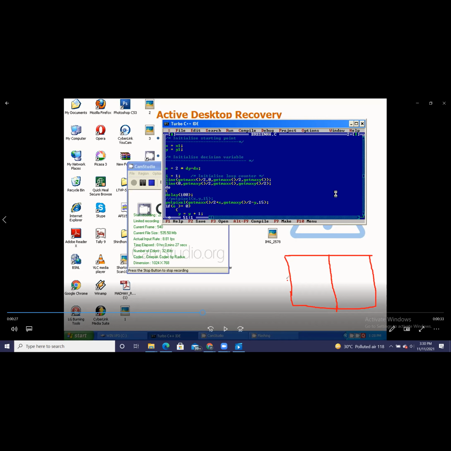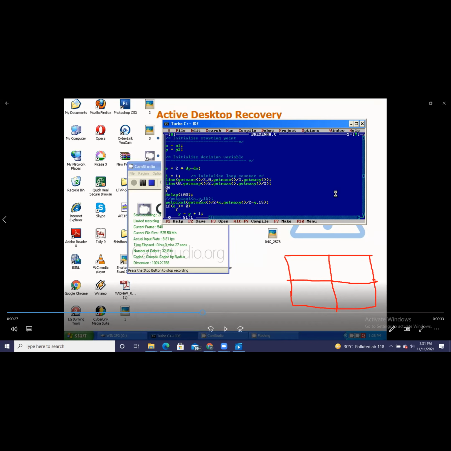So getmaxy by 2 is this, the y axis is divided into two parts, and 0, getmaxy by 2 is this coordinate. And this is getmaxx, the maximum x coordinate, and half of y. So I will be drawing a line from this to this. That is the meaning of these two lines.